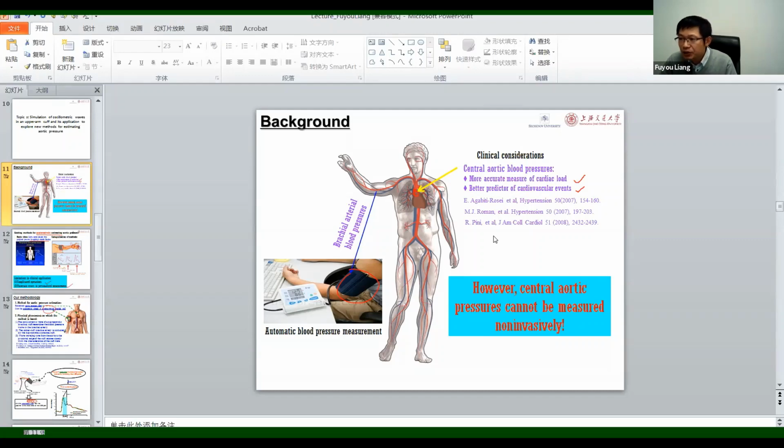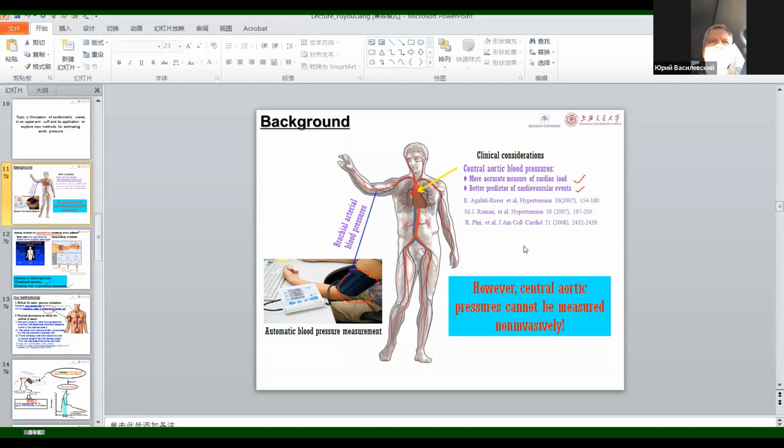But sometimes your peripheral blood pressure and central pressure just don't decrease to the same degree. Sometimes you can see that your peripheral blood pressure has decreased very well, but your central pressure remains higher. This is one application. This can help you to monitor the effect of your treatment for hypertension.